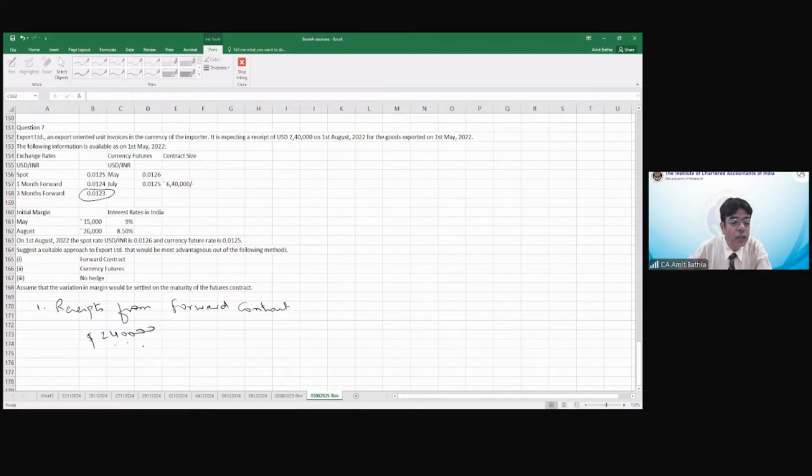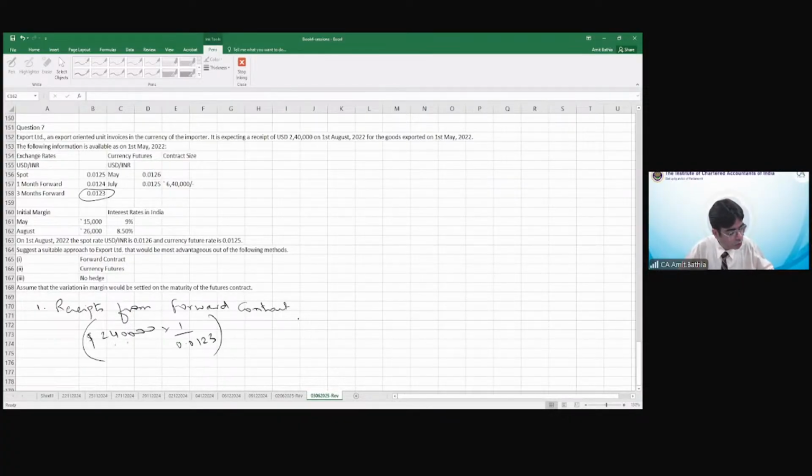I have dollars. So how do you convert this indirect quote into a direct quote, where dollar will be in the denominator? How do you do that? 1 divided by 0.0123. Exactly. So I get the value over here, which will be how much? 2,40,000 divided by 0.0123.